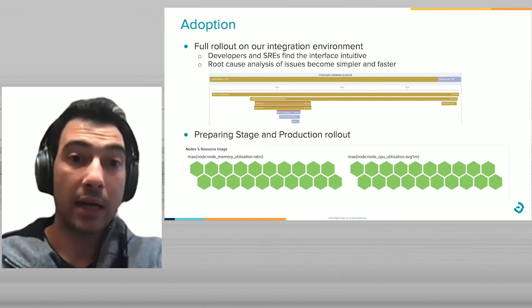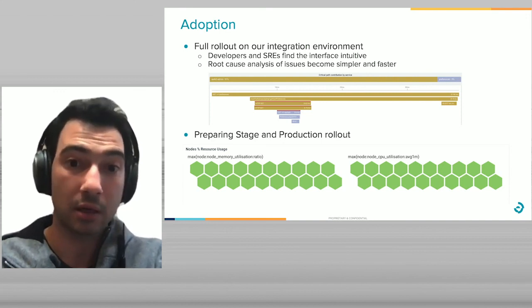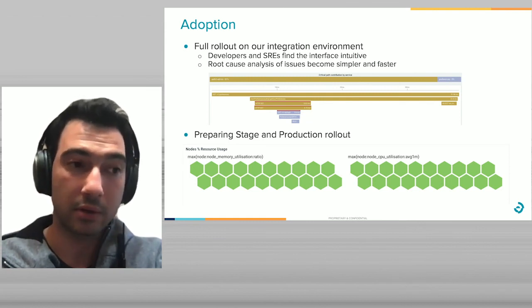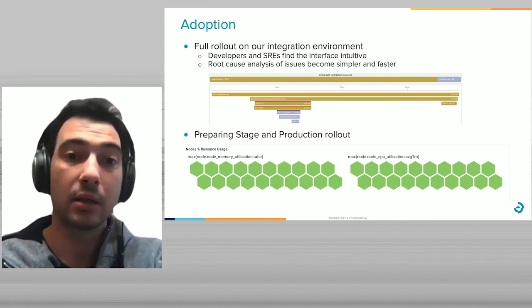One thing to highlight, analyzing the root cause of issues has become simpler and faster. Those are not my words, those are developers' words. They are now finding root cause of integration issues or bottlenecks super fast and much easier than before.